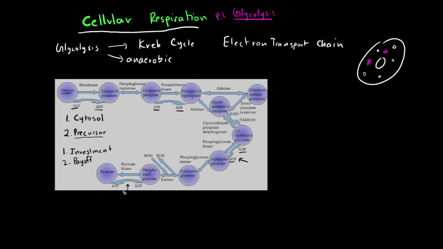You might be asking yourself, how exactly are we getting a payoff if we're putting in 2 ATPs and we're only getting back 2 ATPs again? Wouldn't that be a net of 0 energy gained?